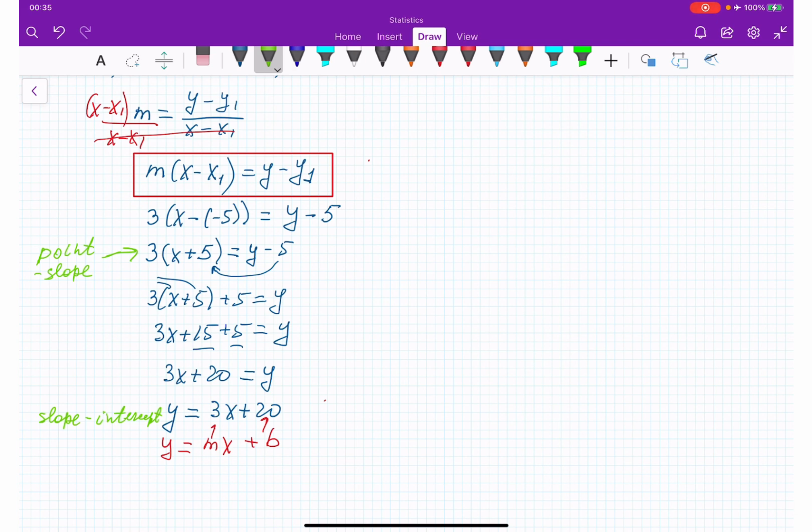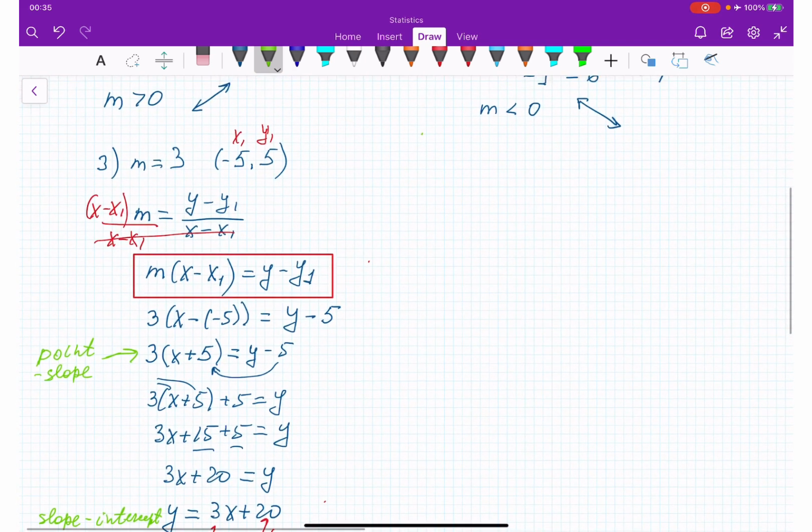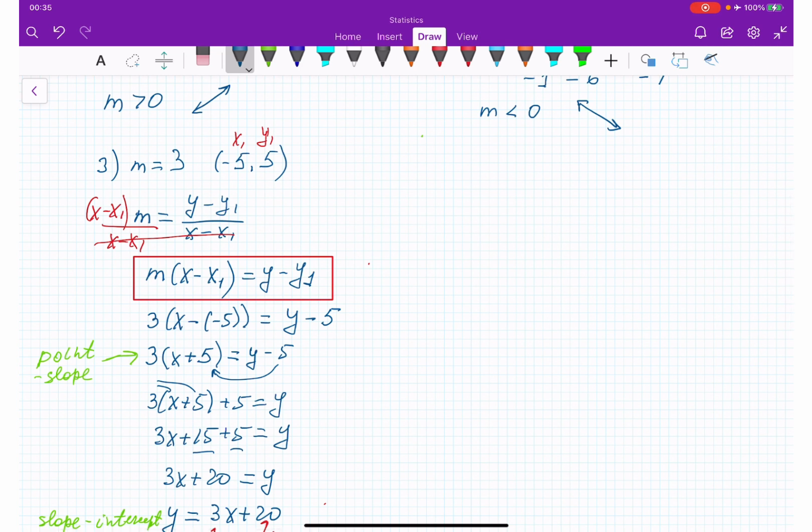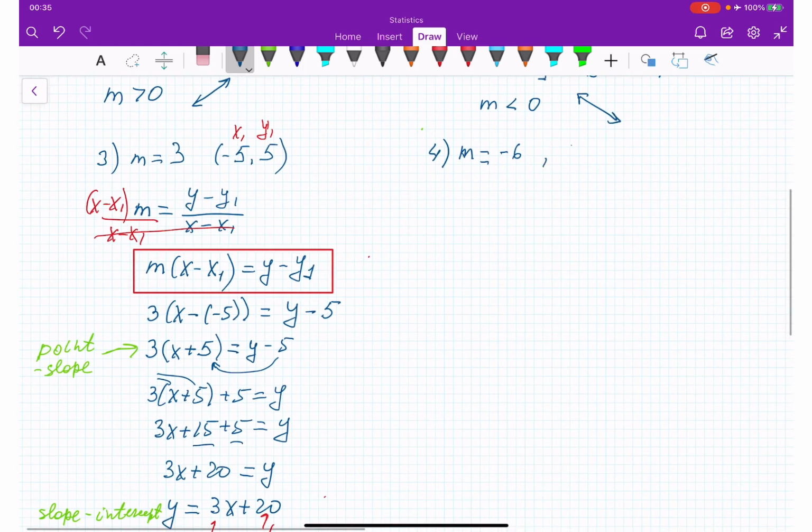Okay, question number 4. Let me write down here. Same thing. M is equal to -6, and our point is -7, -2. All right, let's go over. We need to write the equation for the line in the form of point slope and slope-intercept.